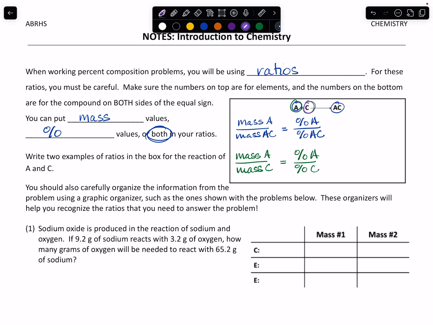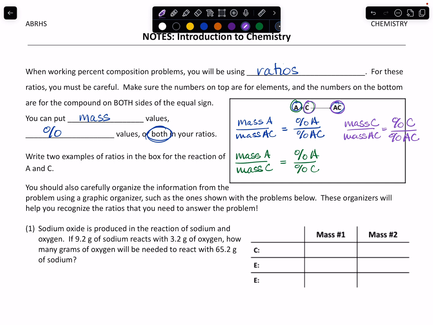Or I could take the other reactant and compare it to the product, where the mass of C divided by the mass of the product, AC, equals the percentage of C divided by the percentage of AC. So these are just a couple of the possibilities that we can utilize our ratios for. Now, when you choose what to do, you should have 3 of the 4 numbers in your ratio. If you do not, you may have to do another calculation first, either using the percentages or using the mass.